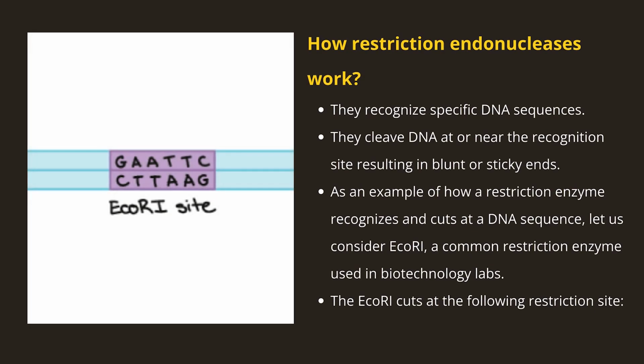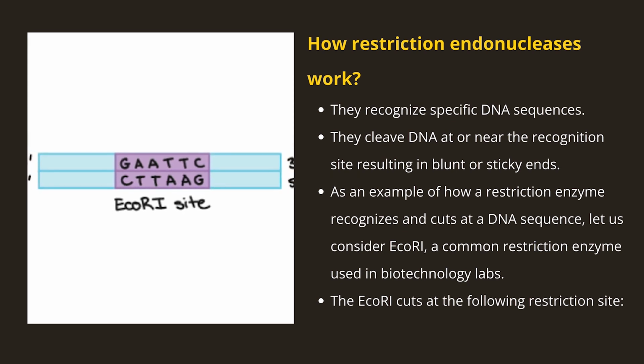Now, the question is how these restriction endonucleases work. What is the principle behind their cutting mechanism, the principle behind their digestion? They recognize a specific DNA sequence and cleave DNA near the recognition site, resulting in blunt or sticky ends.